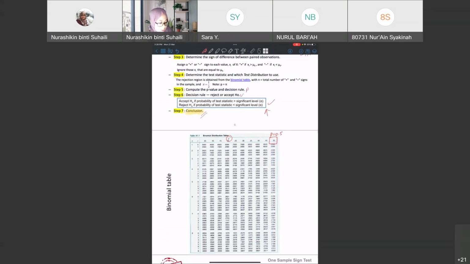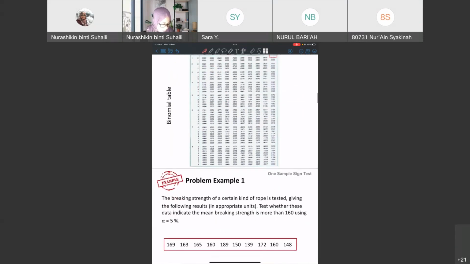So the step 5 here is actually the probability. Just keep it first, later you'll see what all this means.